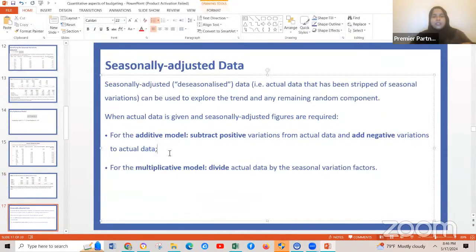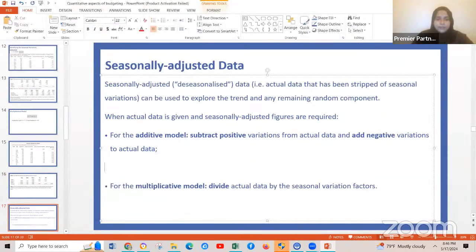Yeah. So this is actual, to get deseasonalized sales. You also can note this down: deseasonalized sales equals actual sales minus, no, add negative variation.